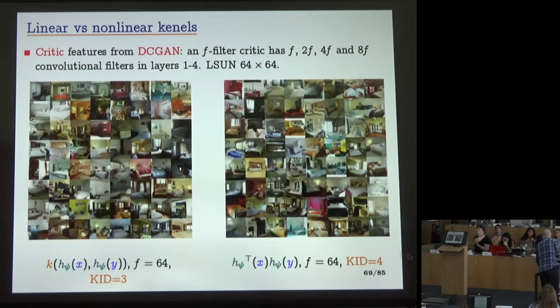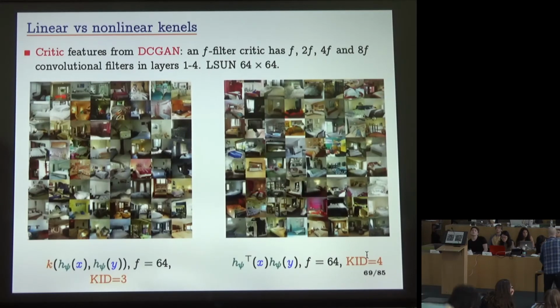The scores I've got here are called KID. This is a score of quality for GANs, which I'm going to introduce a little bit more later. All you need to know for the purposes of this plot is that these are pretty much the same. So it seems from this plot that we don't really get much of a difference in our performance if we use a linear kernel or a nonlinear kernel.